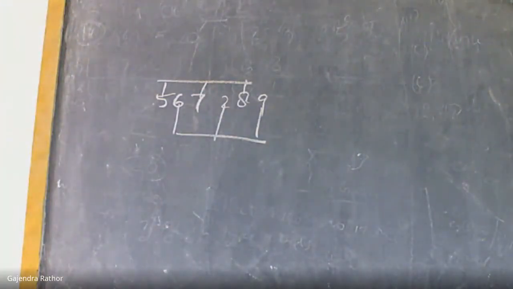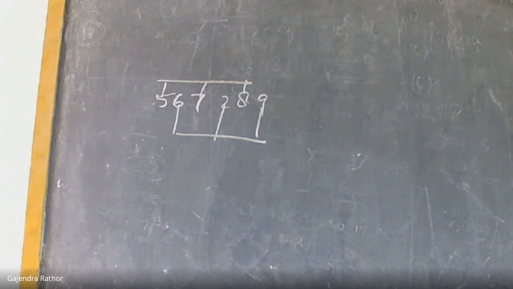You can also try some examples. The next doubt is the divisibility rule of 9. Pratiksha, listen. The divisibility rule of 9 is very simple. It is the same as the divisibility rule of 3.